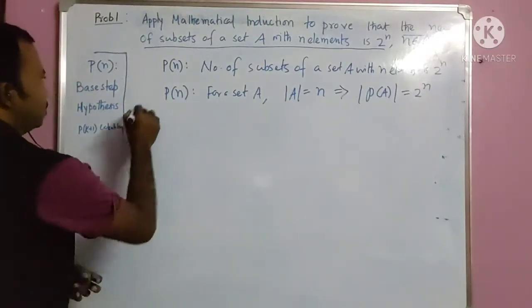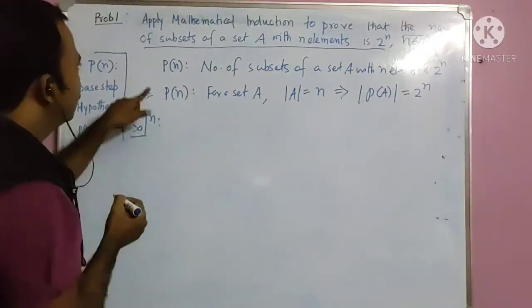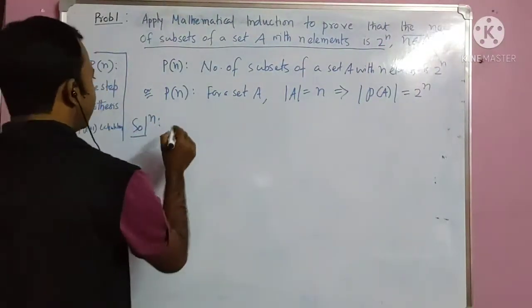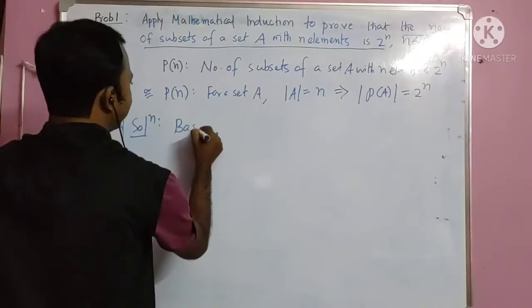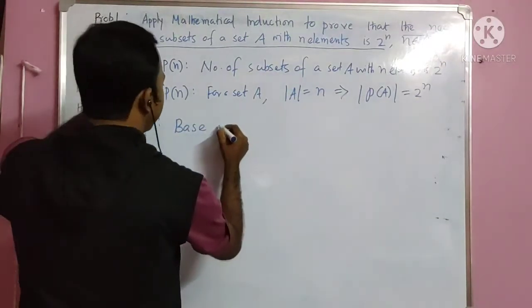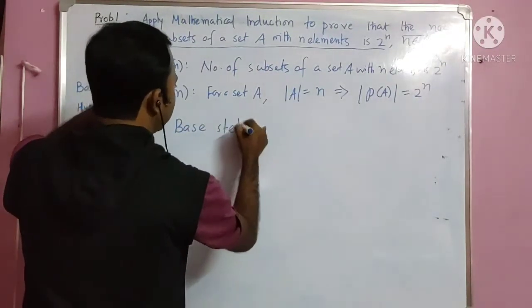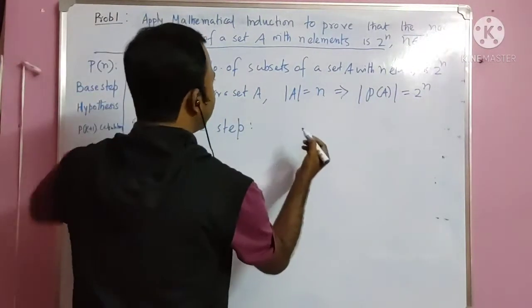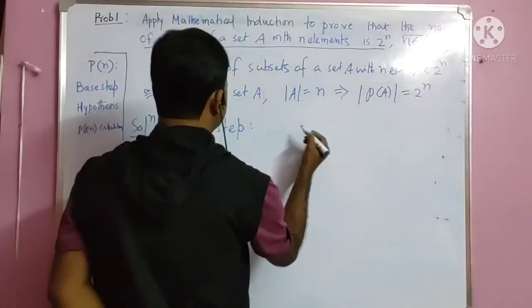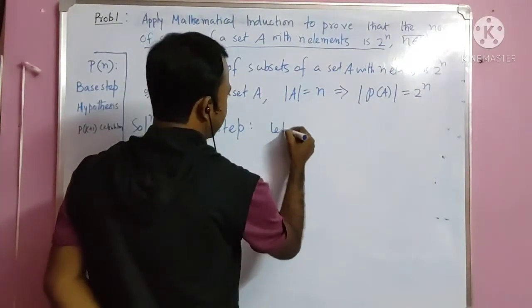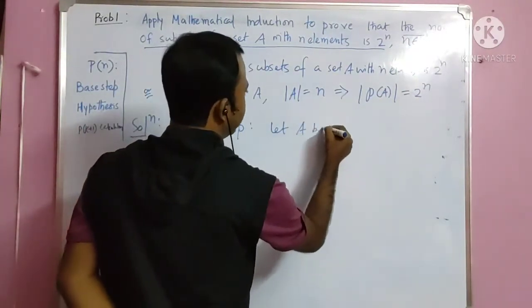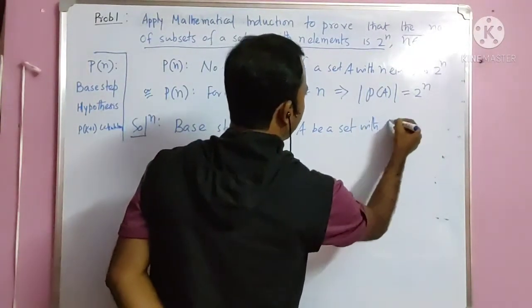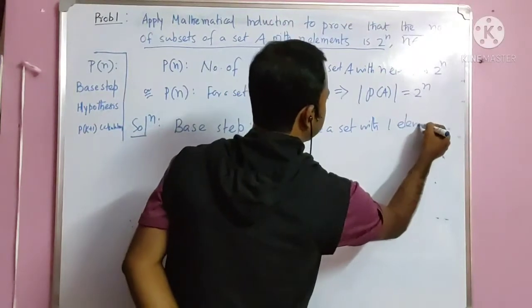Now for the solution, what do you have to do? First, you have to take n equals 1 and validate that this P(n) is true or not. That we call the base step. For the base step, let A be a set with 1 element.